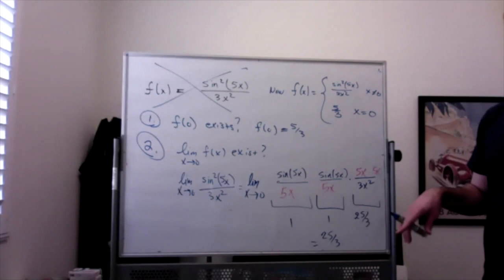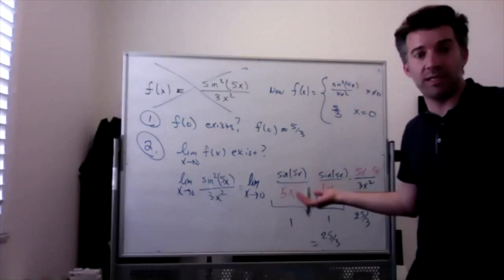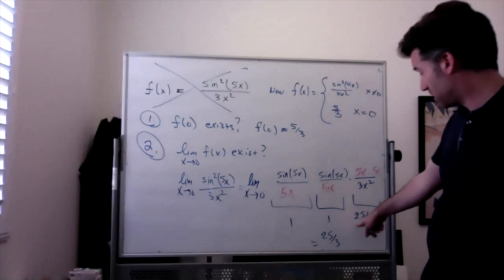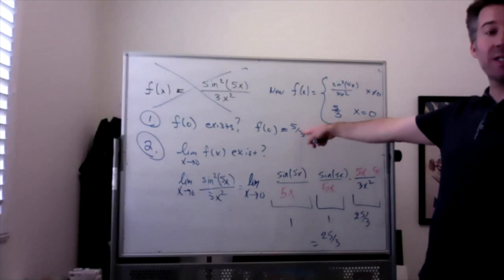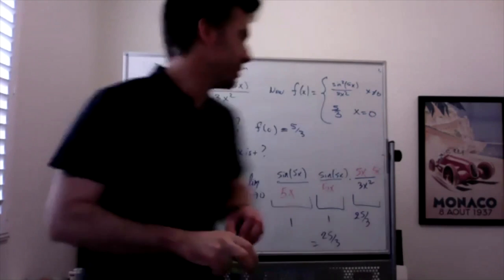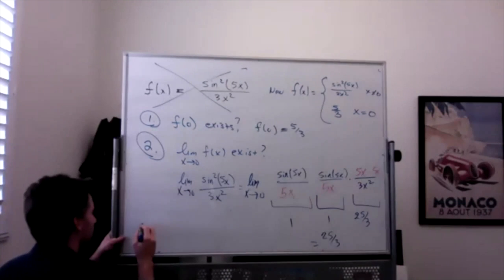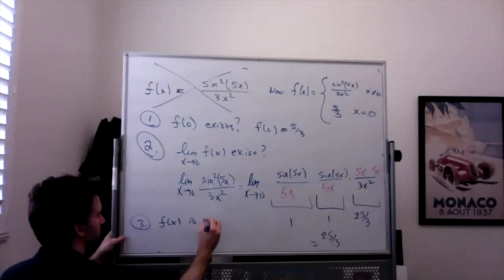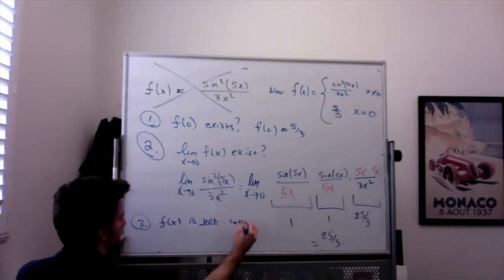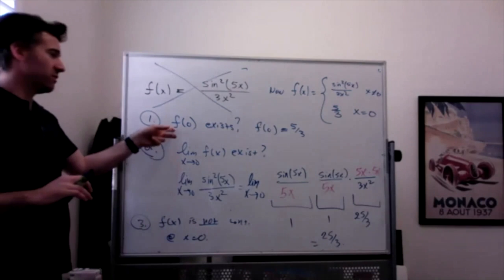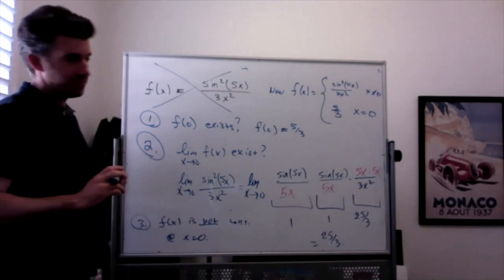And so again, I've definitely seen people say, oh, the limit exists, the function is continuous. It's not the case here. The limit exists, the function exists, but they're not the same. So here we would say, f of x is still not continuous at x equals 0, because the function value and the limit value are different.